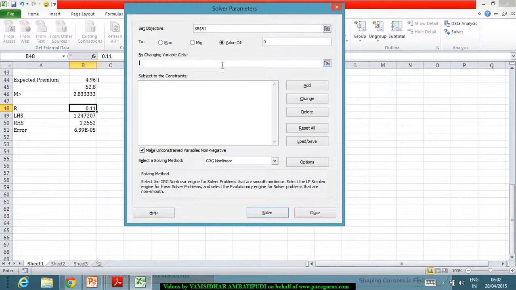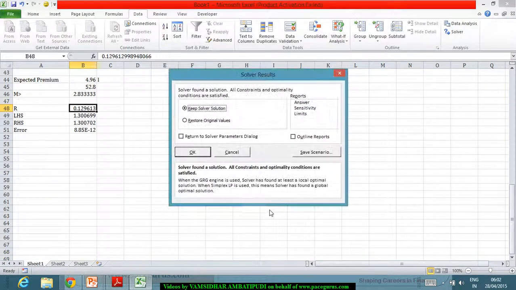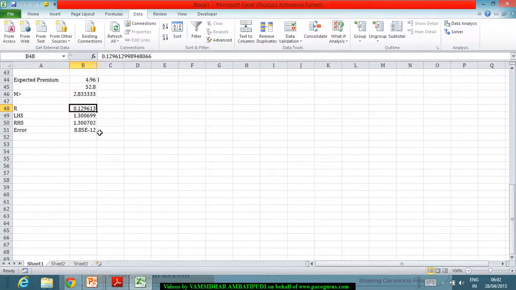I want to set the error to 0 by changing this. Yeah, I got a better value through Solver. Goal Seek is not able to give me that, so it is 0.1296. This is the one that has set the value to 0, which means I have got my r as 0.1296.